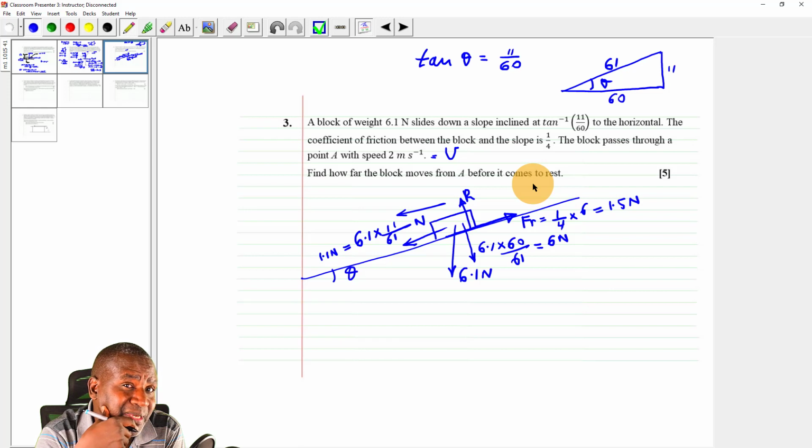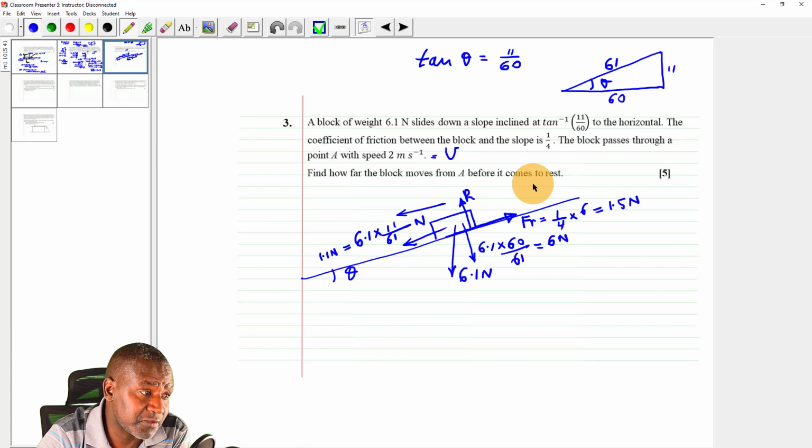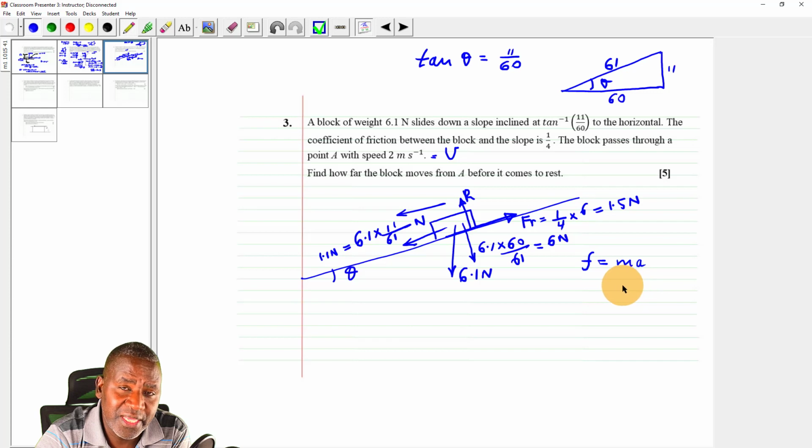You know what that means? If we've been given the speed at a particular instant of time, it means at that instant we can use F equals ma to work out the acceleration. Why would I need the acceleration?